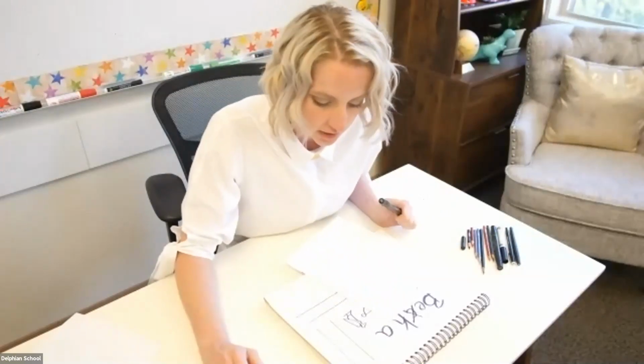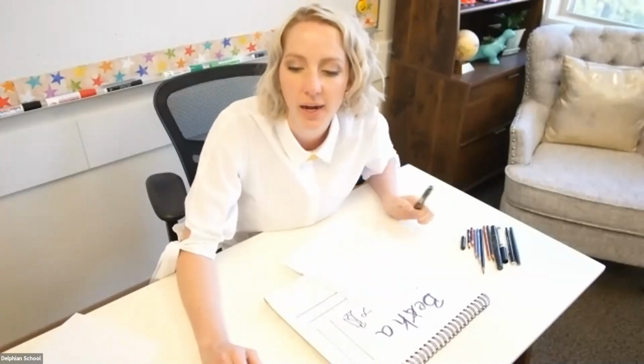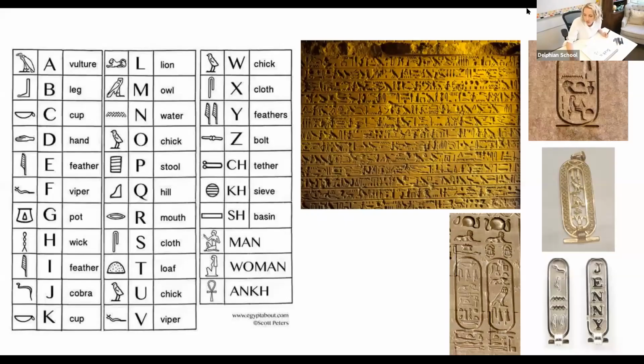And I want you guys to now do this with me, and I want you to practice writing your name. And if you want to, you can go ahead and draw it inside of our cartouche and make yourself a king or a queen. Okay, so I'm going to draw my name again. And I am going to draw it in a sideways cartouche.